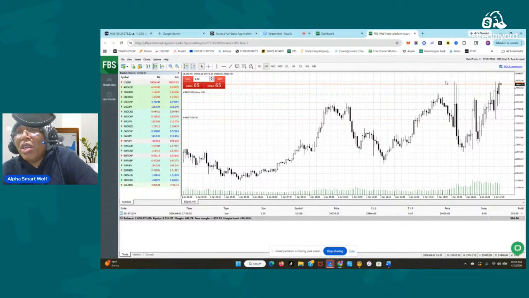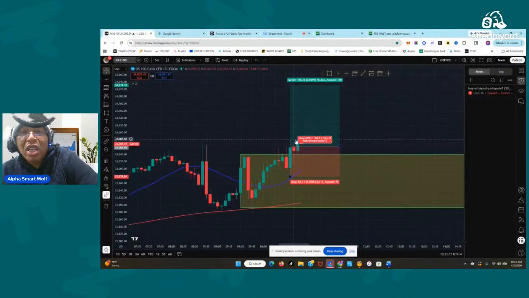So there is some type of resistance here that I told you guys. Liquidity that existed here has been mopped up by that wick, this wick here, and now it's dropping. Let's look at TradingView. You can see that level there. That's the same level right there.